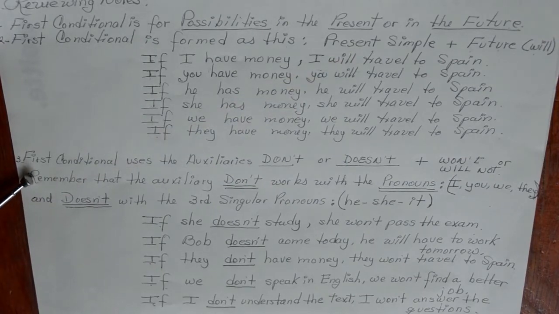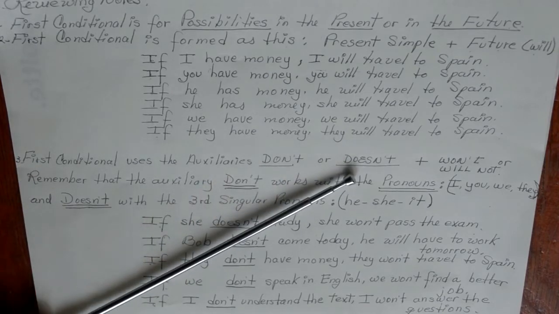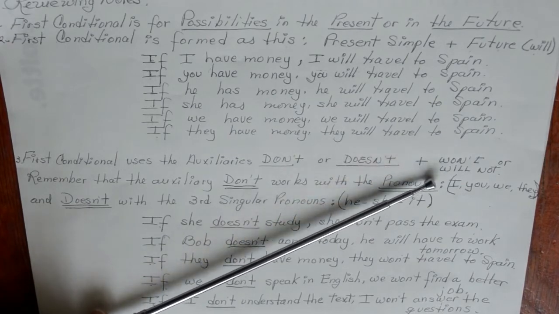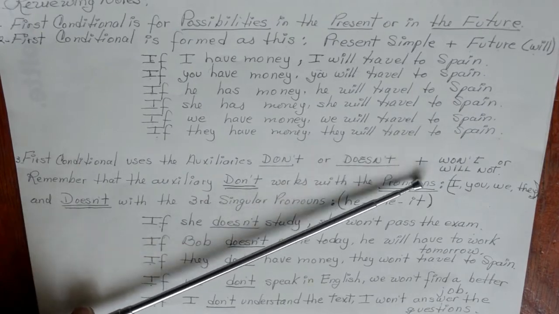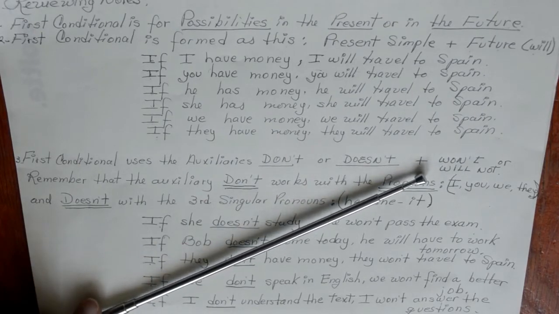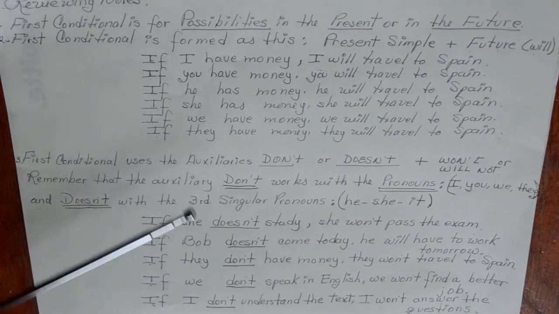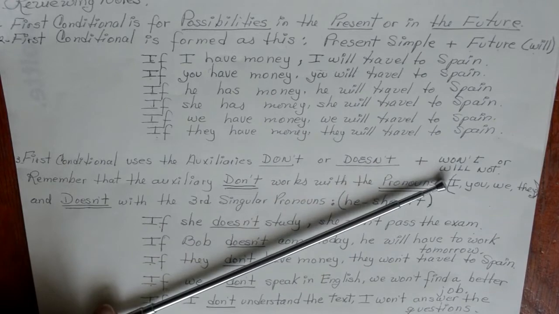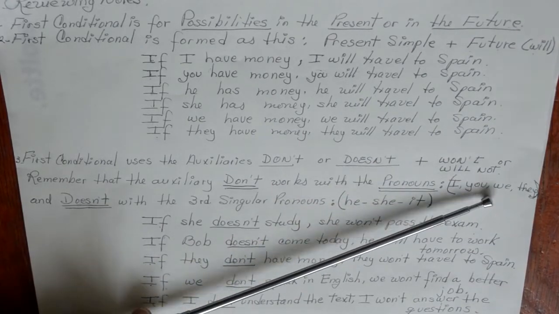First conditional uses the auxiliaries don't or doesn't plus won't or will not. It can be contracted form or the open form. Remember that the auxiliary don't works with the pronouns I, you, we, and they.